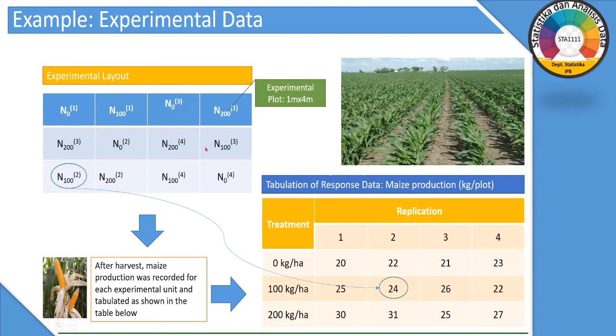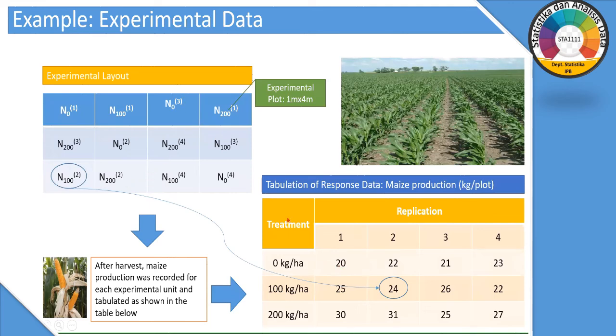And then after perhaps 3 months for the maize production, you measure the yield, the production of the maize. Let's say from the first one, it gets 20 kilogram per hectare.